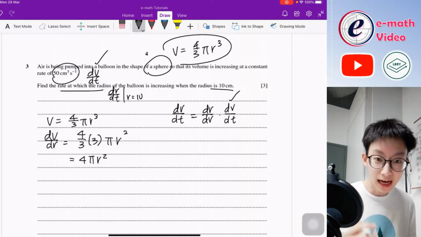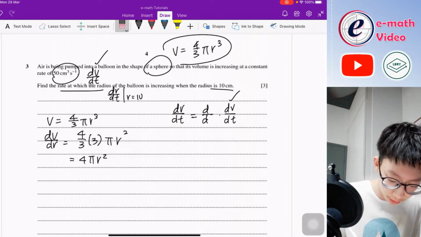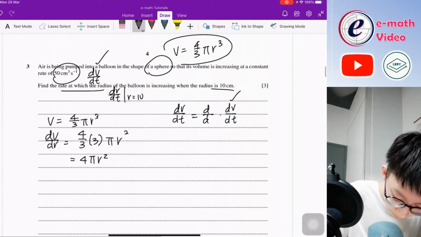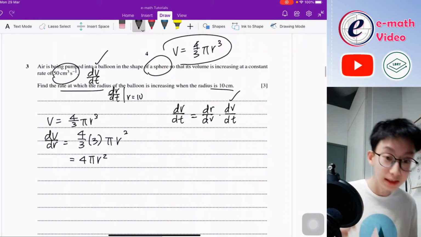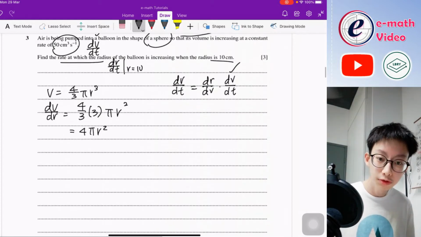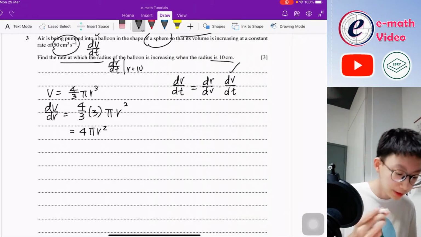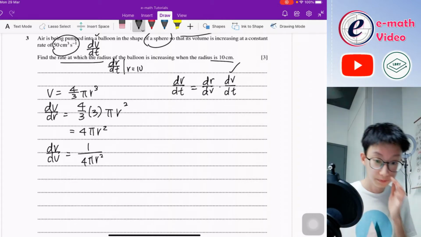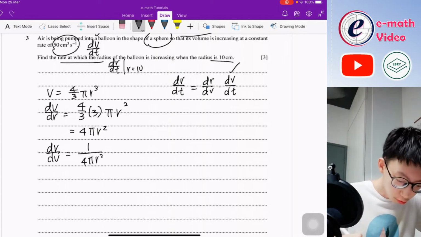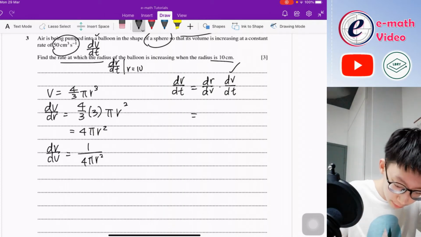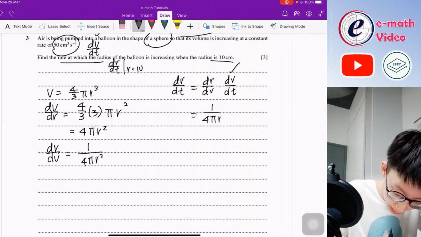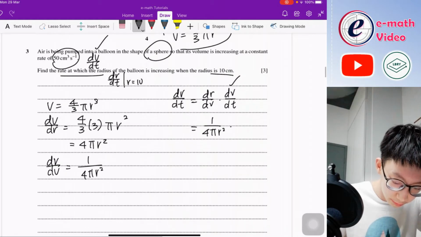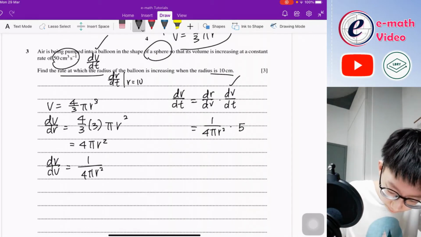We need dr/dV. So what should we do? Just take the reciprocal of it. So dr/dV is just 1 over 4 pi r squared. So dr/dt will be 1 over 4 pi r squared times dV/dt, which is 50.